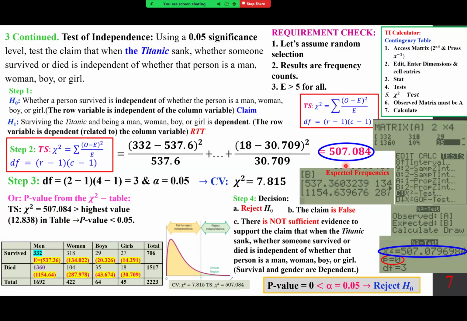Reject H0. Notice if you pick up the B matrix, look at the very first entry, 537.360. This is exactly what happens. It will calculate for you the B matrix, which is the expected one. You don't have to do this by hand, but you need to understand the concept. The whole module is basically done using a calculator.